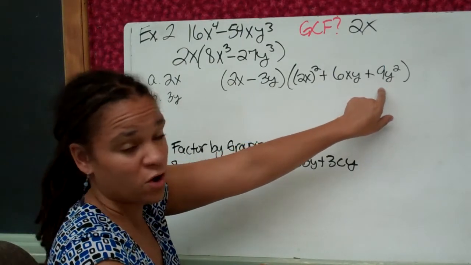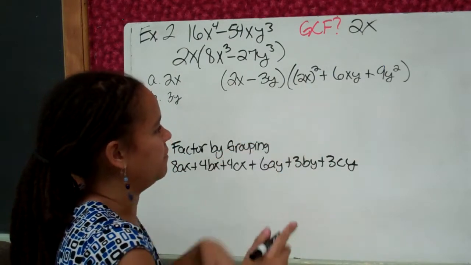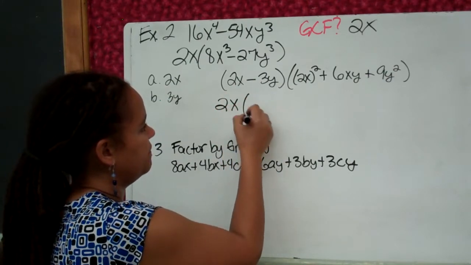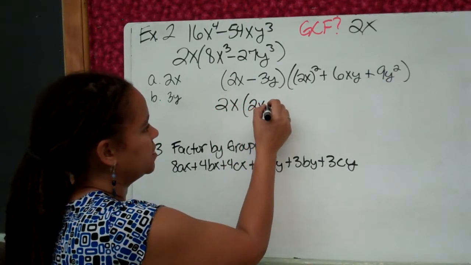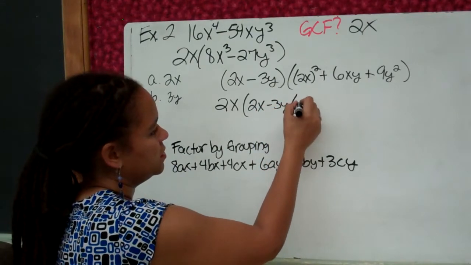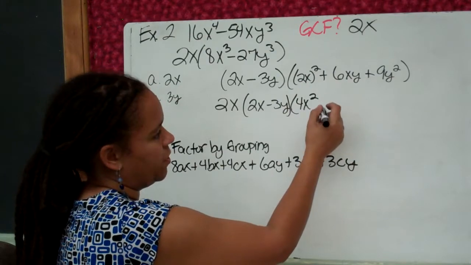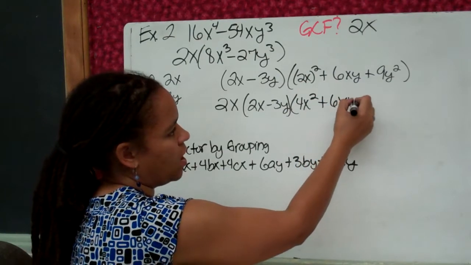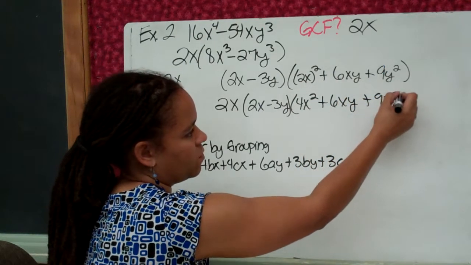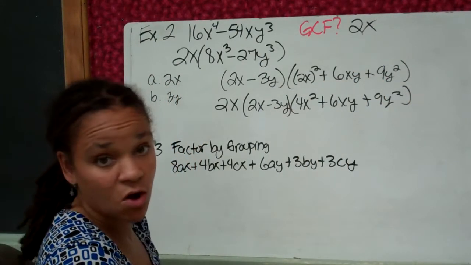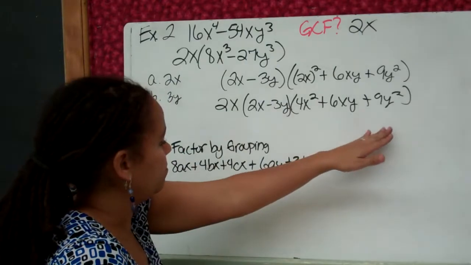I simplified that already. So don't forget our 2x was our GCF, and then we have 2x minus 3y times 4x squared, I squared that, plus 6xy plus 9y squared. And that should be our final answer. It's all in factored form.